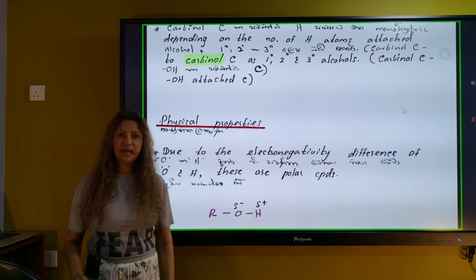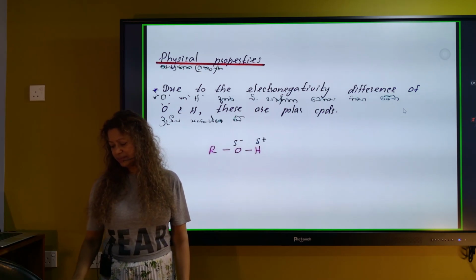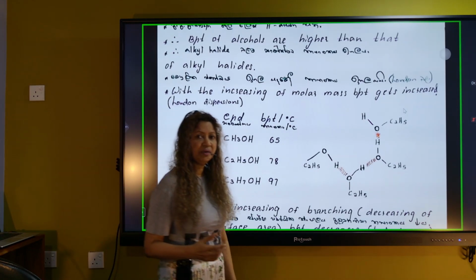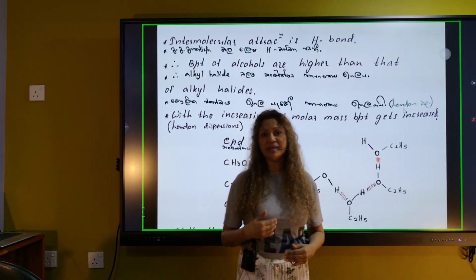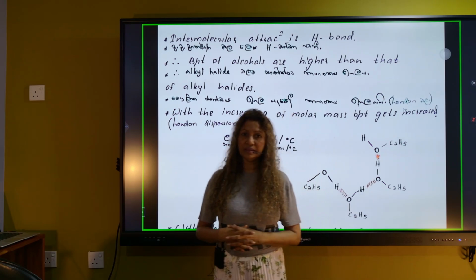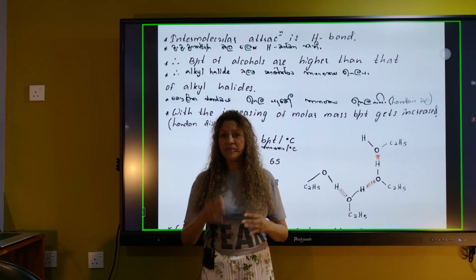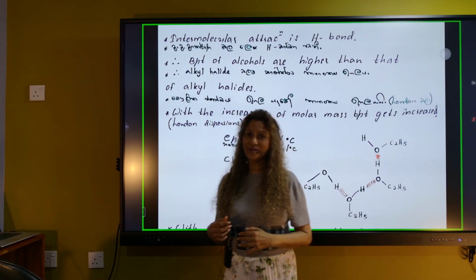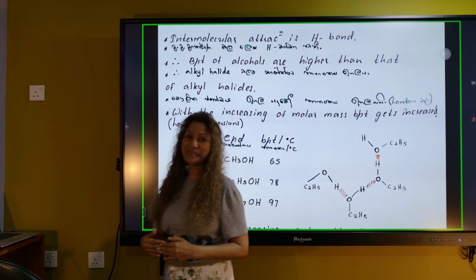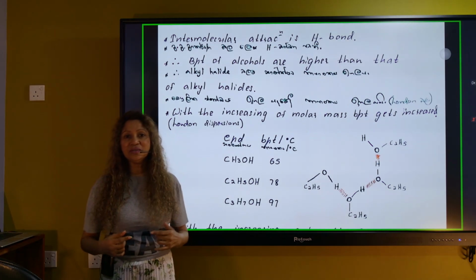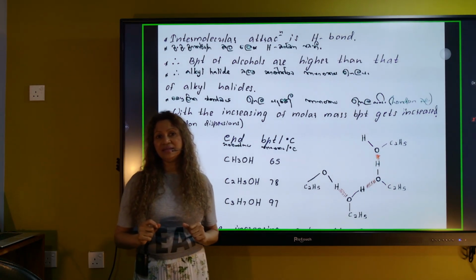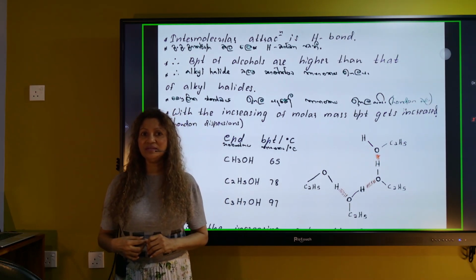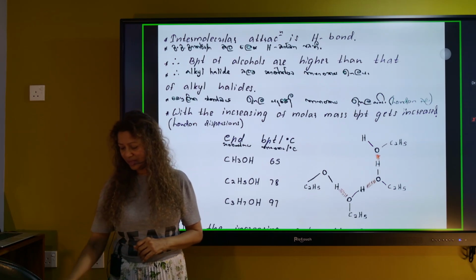Physical properties: they have ROH, so they are polar compounds, and the intermolecular interaction is hydrogen bonding. Still, when the molar mass increases, London force strength increases, so the boiling point is increasing, and when the surface area increases, the London dispersion forces also increase, so the boiling point also increases.